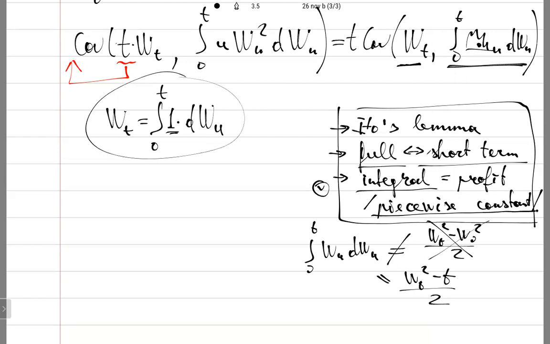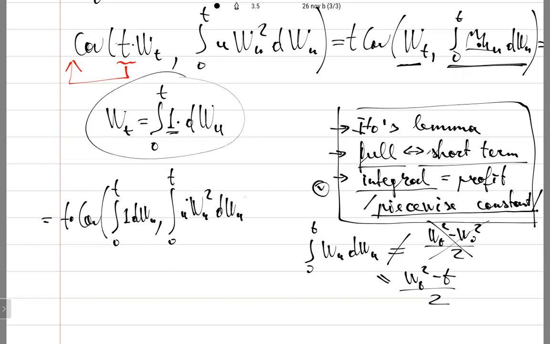Okay, so the covariance in question will be the covariance between the integral from 0 to T of 1 dWu, and this may be calculated. We can apply Ito's isometry, and it says the integral from 0 to T of the expected value of the product of 1 times u dWu squared.